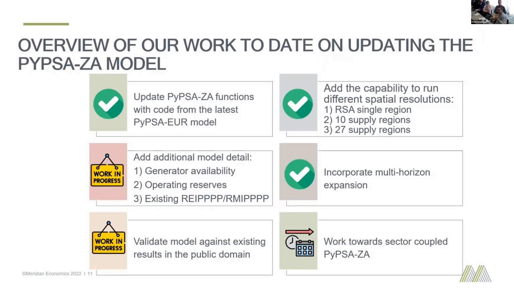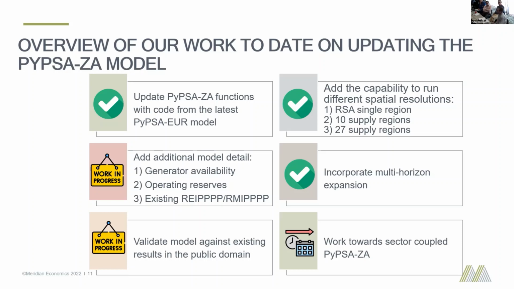When we looked at all the existing PyPSA models that were out there, they're focused typically on a single year's data and a high spatial resolution. But a lot of the questions that we are grappling with in South Africa are more transition questions, things like coal phase out and decommissioning, and for those you really need this multi-horizon expansion.